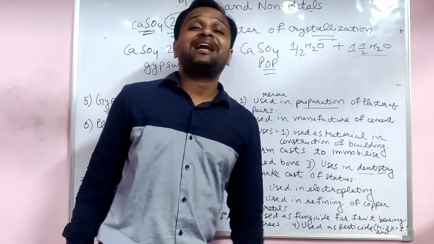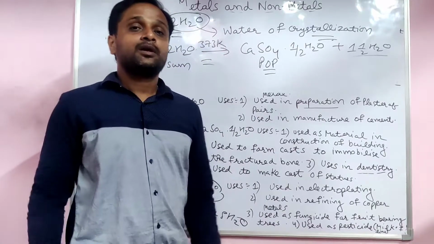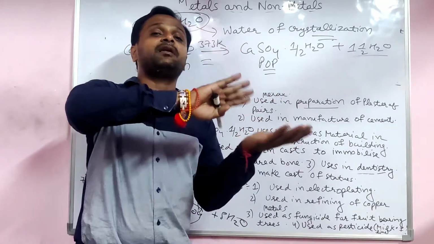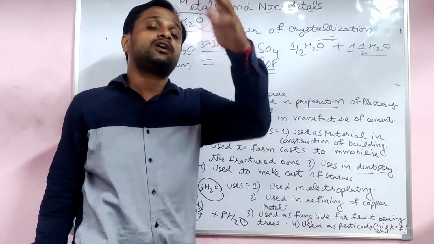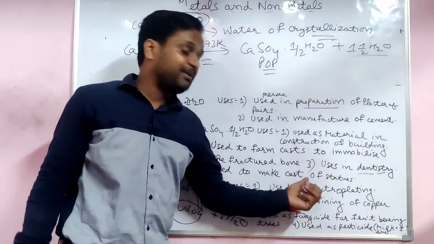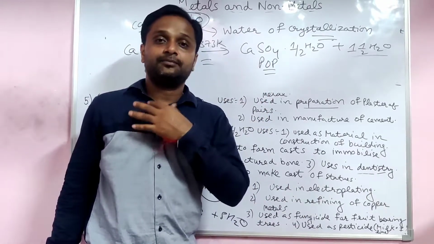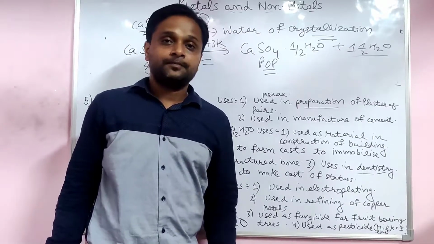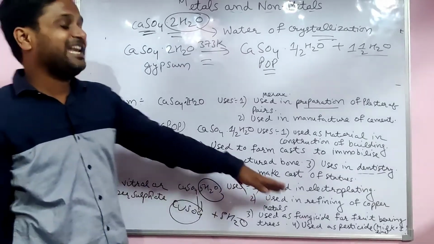Used in electroplating, the layer of one metal on another. Like a layer of zinc on iron, coating of zinc on iron, is called galvanization. Same with electroplating on artificial jewelry: we put the gold polish by using electroplating.